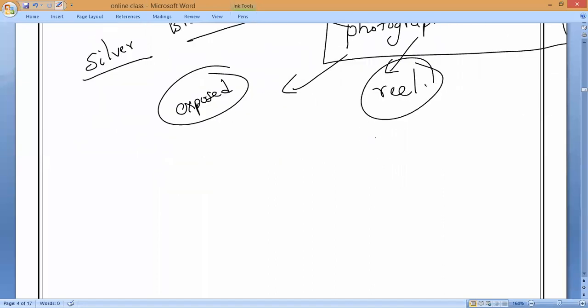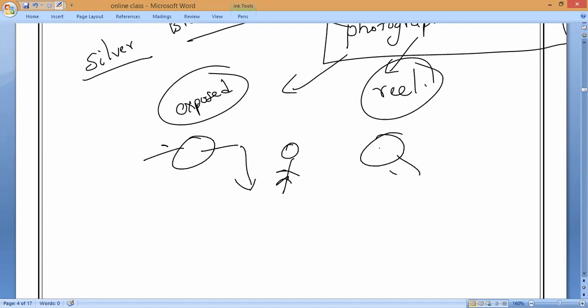When he clicks the camera, light will fall. So light only will help to form the negative image.